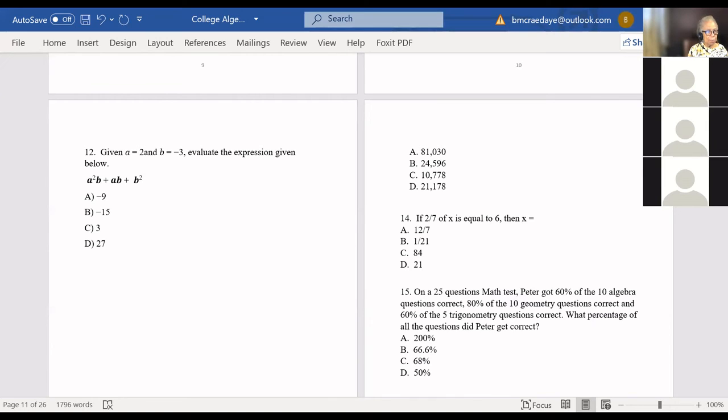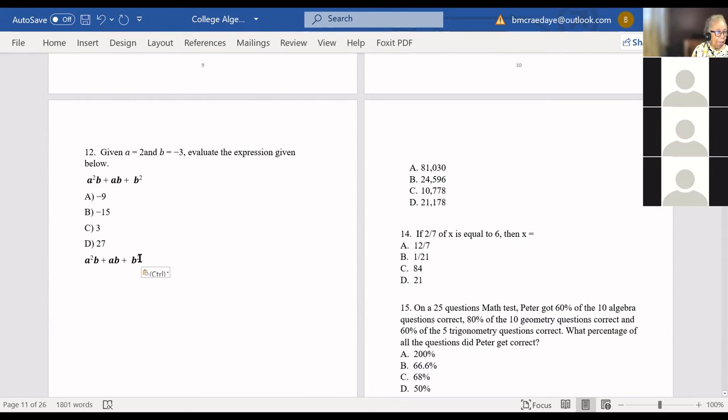Do you have time to do number 12? Yes. Okay. All right. So what I want you to do is take number 12, and this is the expression. And I want you to substitute the values for A and B. So wherever you see an A, you want to put a 2.